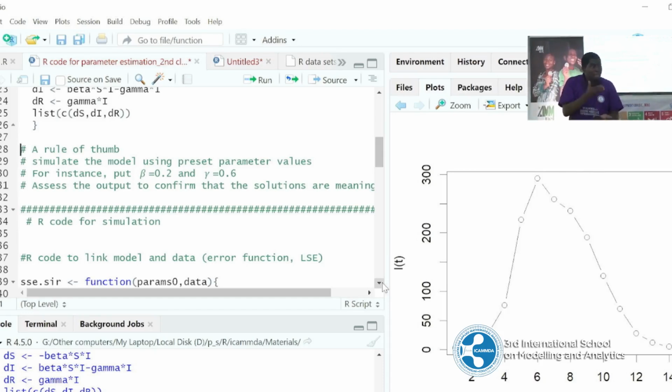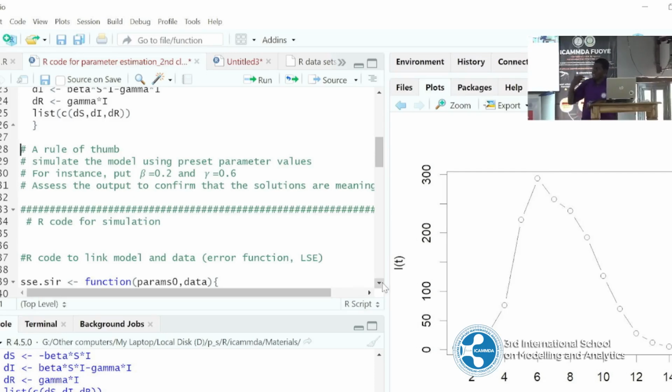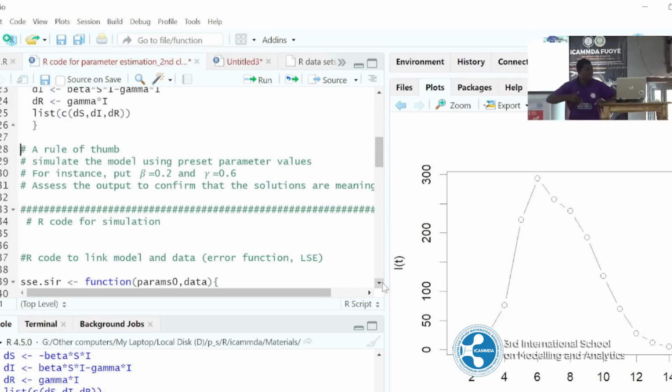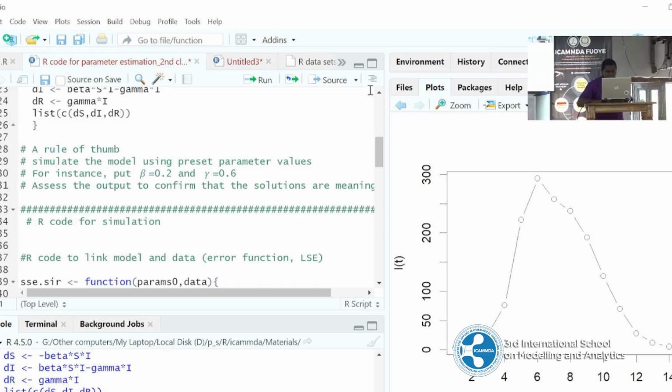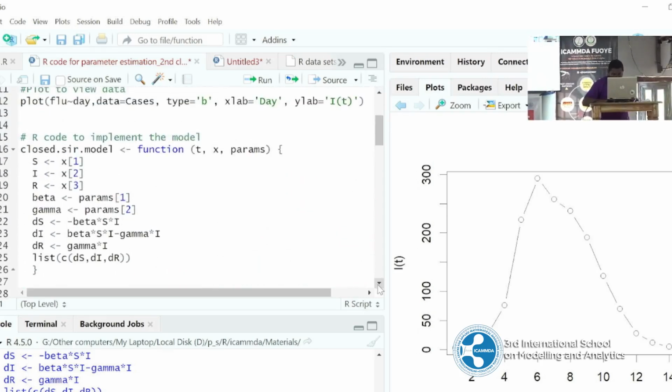Because it has not been calibrated, we have not estimated any parameters. So we are just applying the model alone. Okay, so it's necessary. That's the first step. After you have put in your data and examined your data, the next thing is to implement your model in R. Are we together? That is to put your model in terms of lines of code in R. So you run it.